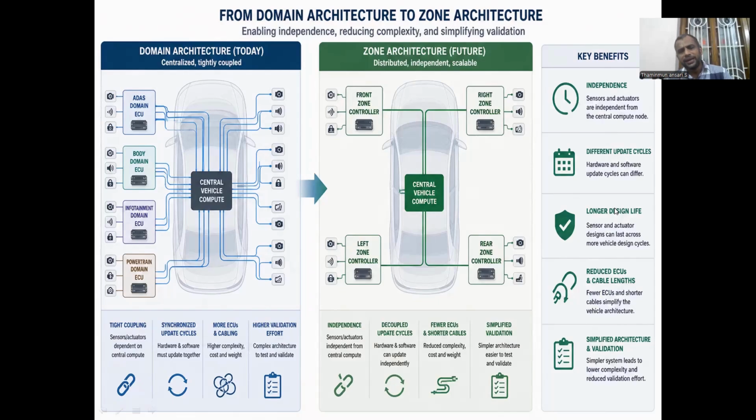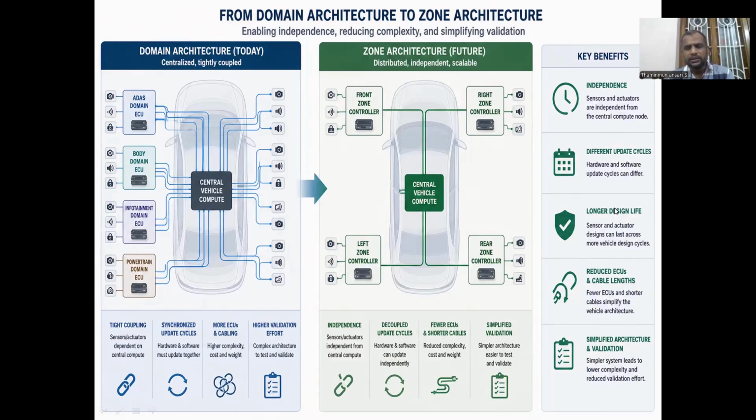As we divide the car into different zones and connect the sensors and actuators in that zone, we get independence: sensors and actuators are independent from the central compute, with decoupled update cycles. You can update software and hardware in different time frames. Then there are fewer ECUs and shorter cables.